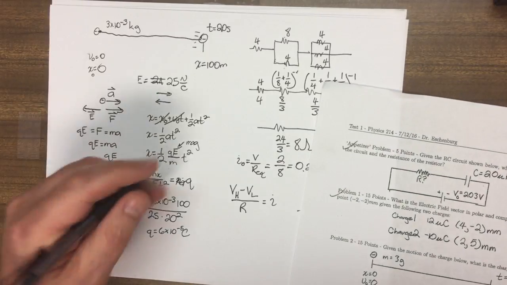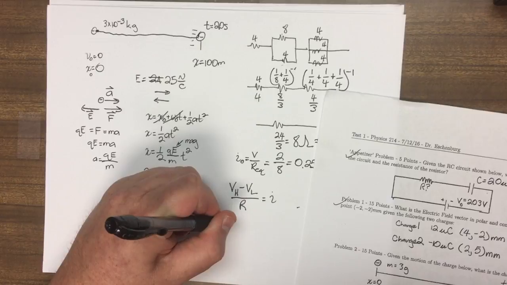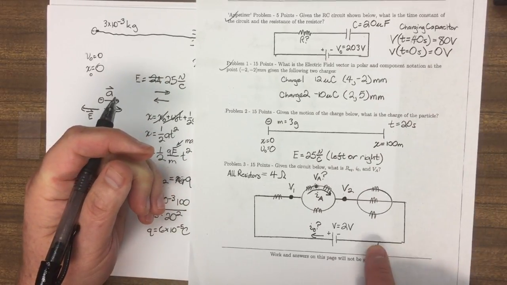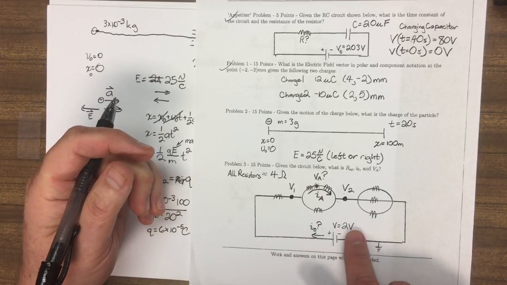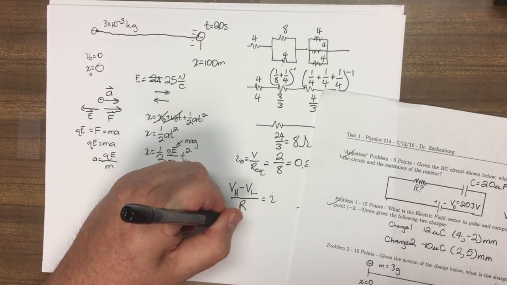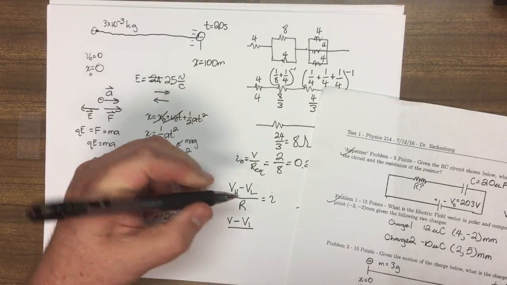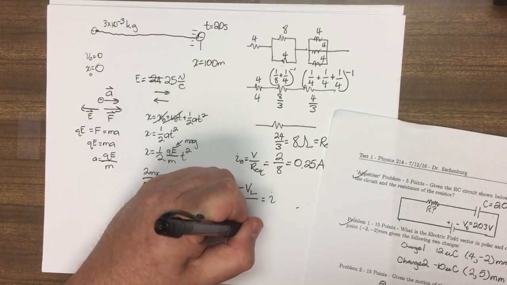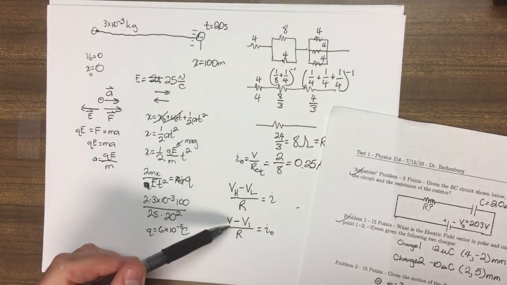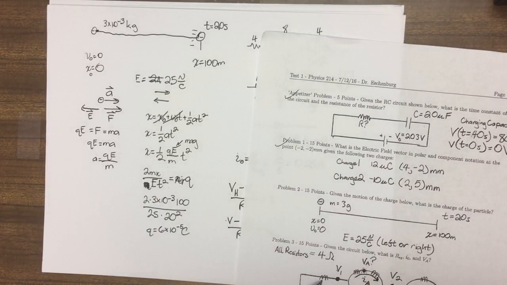To find V1, I take my V high is the potential at the battery. Potential here is 0, it's attached to ground. Potential here is 2, it's on the other side of that battery. So the potential of the battery, 2 minus V low, which would be 1. The R is 1 resistor, and the current in this case is I naught, the current of the whole circuit. I know this, this, and this. I will find V1. The R that I'm looking at is just this one right here.